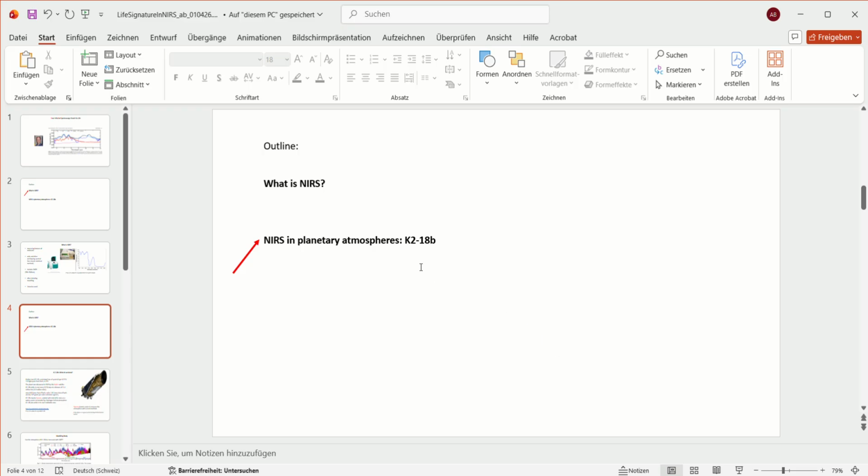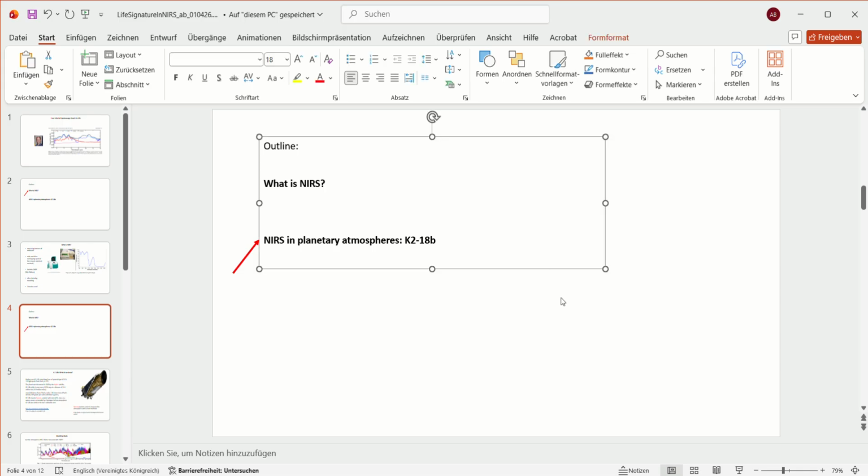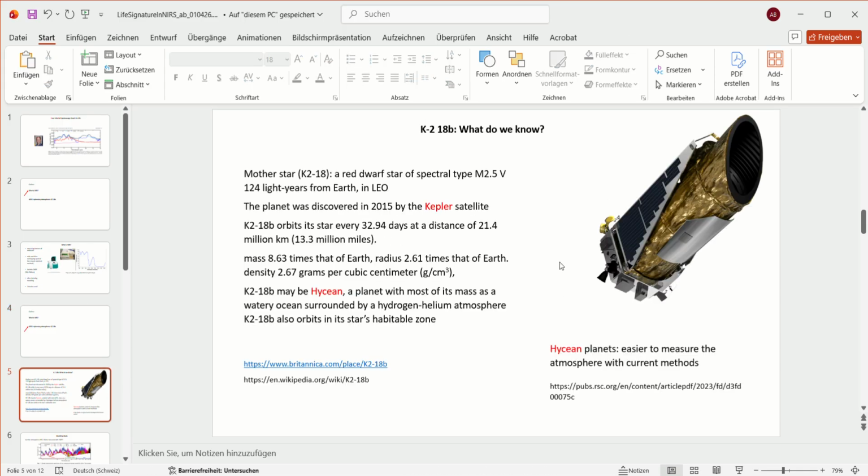So how do you look for life in planets that you can't actually see as a resolved planet because they are much too small and too close to their mother stars? These days, most exoplanets have been found when they pass over their mother stars.